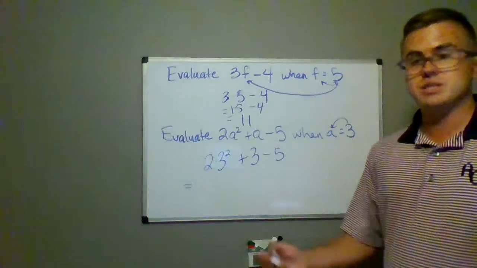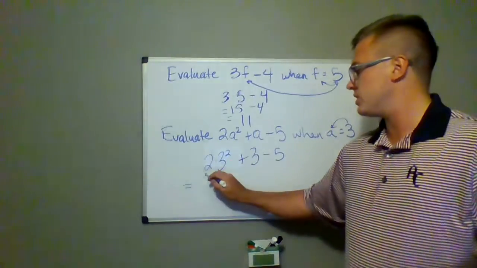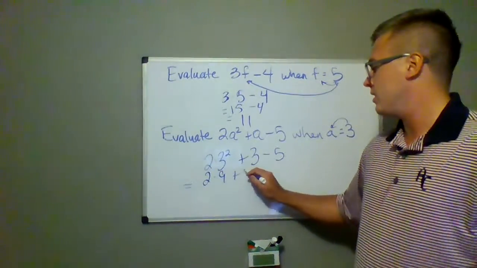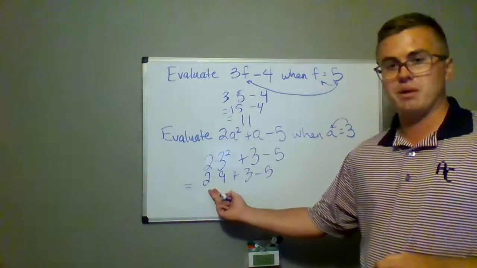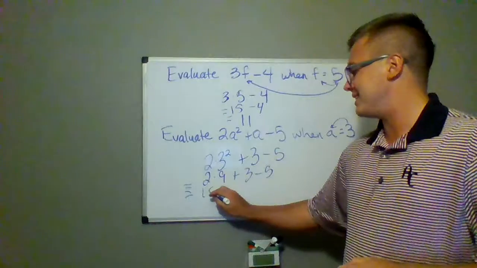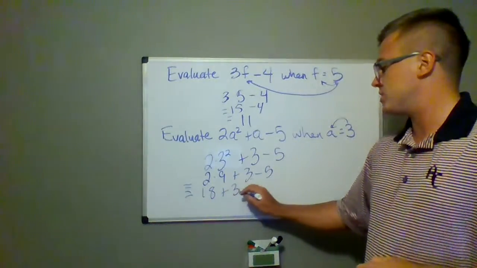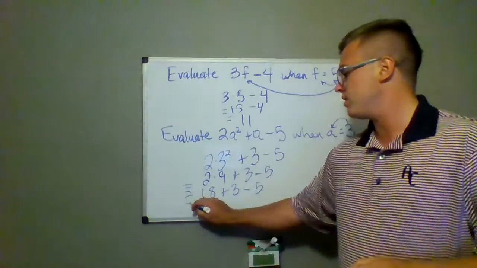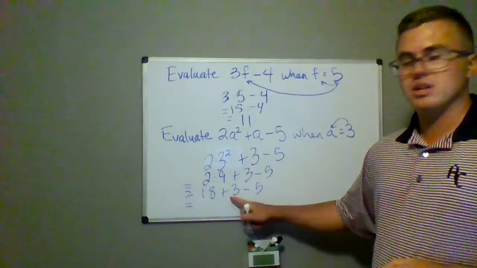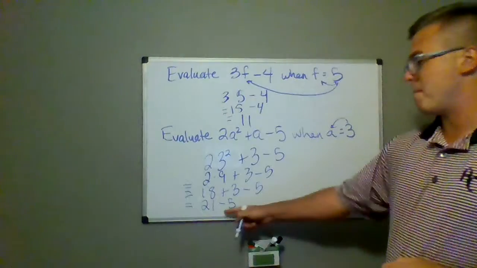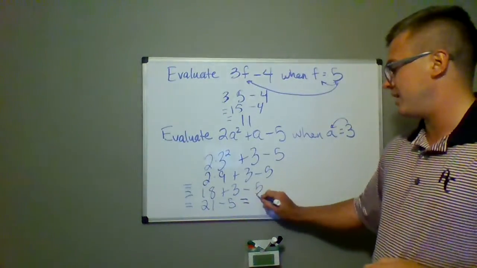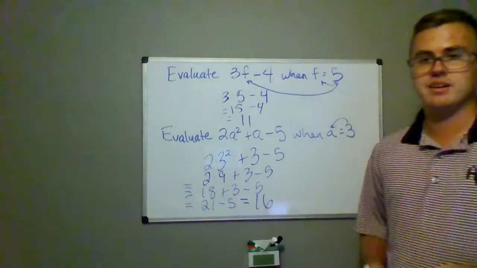Order of operations means I do exponents first. 2 times 9 plus 3 minus 5. Then I multiply. 2 times 9 is 18, plus 3 minus 5. 18 plus 3 is 21. 21 minus 5, that gives me 16.